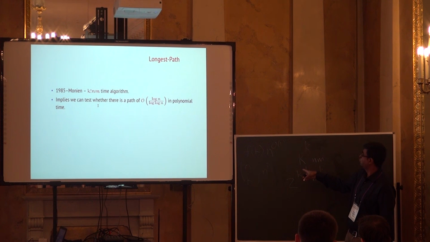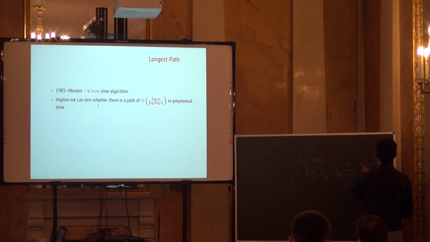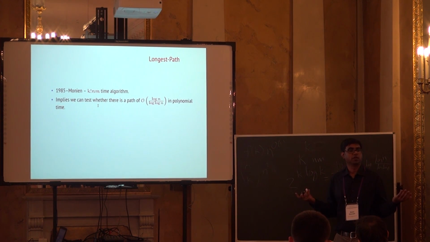Now, if you substitute k equal to log n divided by log log n, then log k is roughly log log n, so k log k is roughly log n minus something. So the log n will get cancelled, and 2 to the power log n is nothing but polynomial. It's linear. Depending on constants, you will get something like n squared or something.